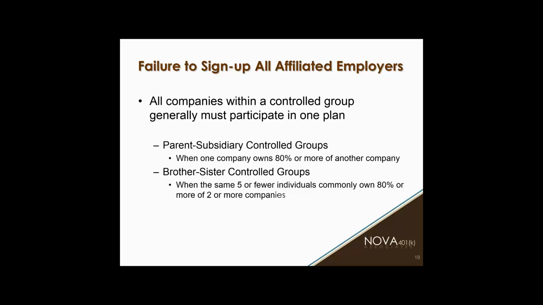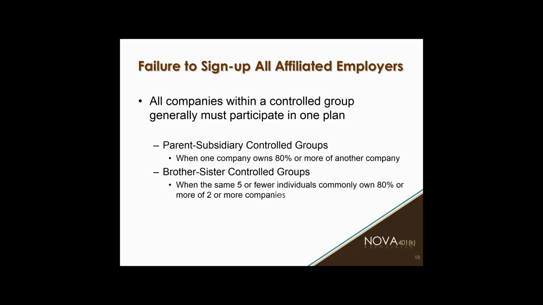There are two types. We've got parent subsidiary control groups, which is when one company owns 80% or more of another company. We also have a brother-sister control group, which is when the same 5 or fewer common owners own at least 80% or more of more than one company. Could be 2, 4, 5, whatever.